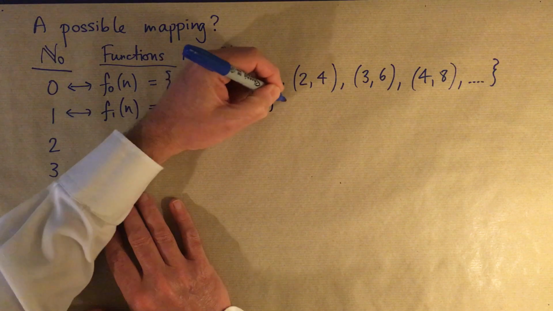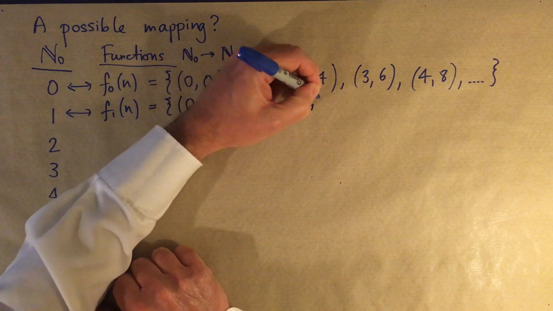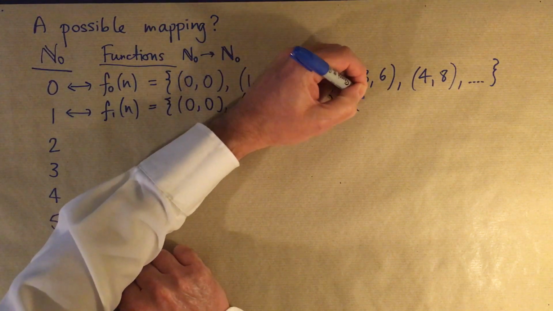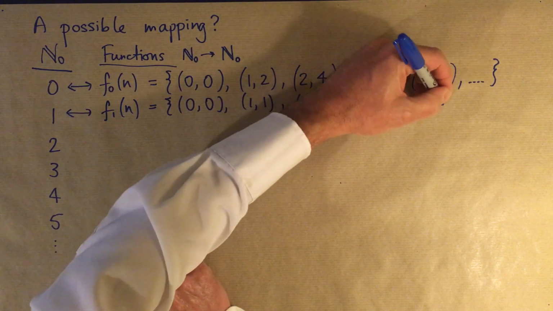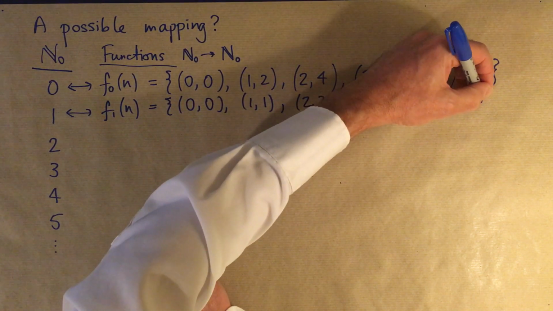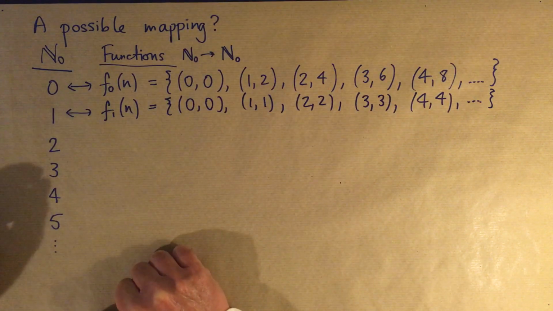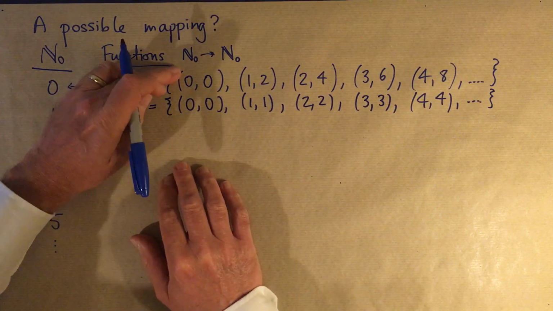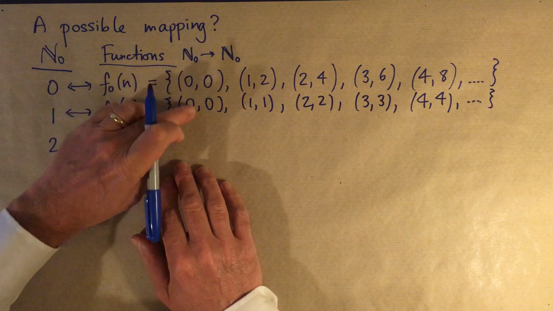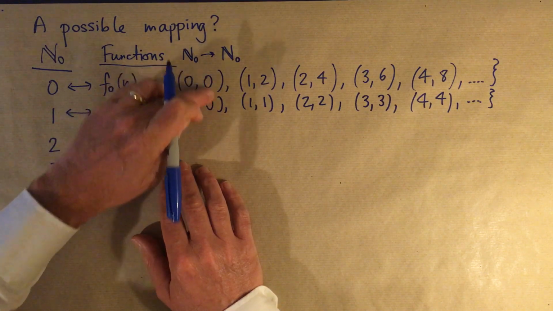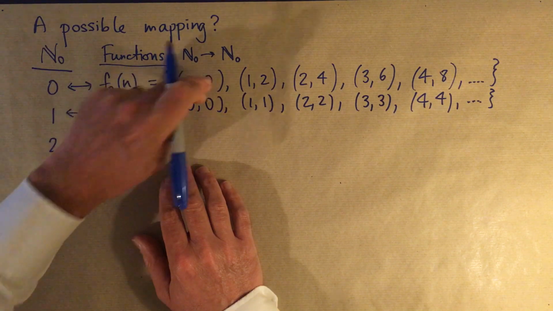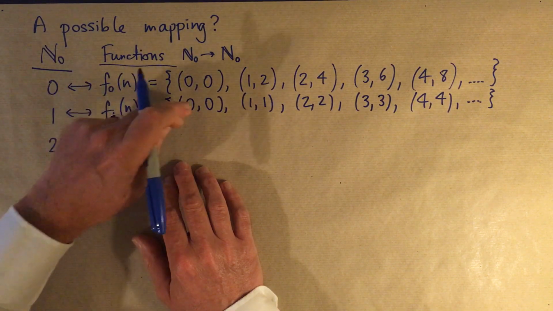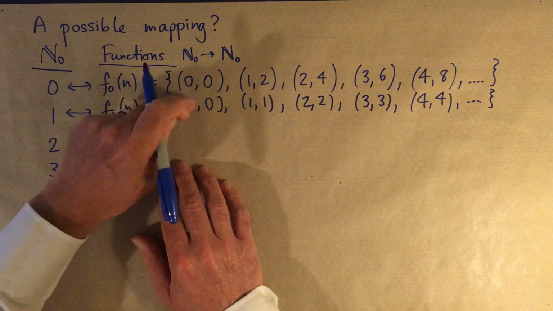So 1 maps onto 1, 2 maps onto 2, 3 maps onto 3, 4 maps onto 4, and so on and so forth. Okay, you notice that these two functions agree on the output for 0. If you put 0 into this function, you get 0 out. And if you put 0 into this function, you get 0 out.